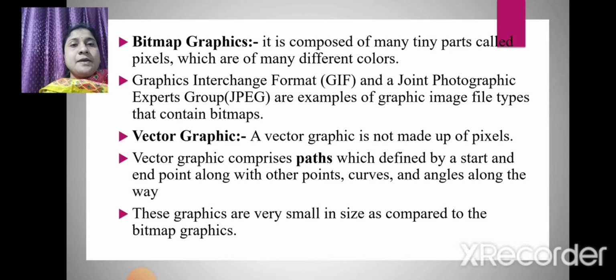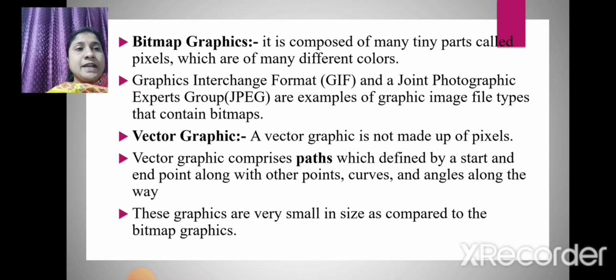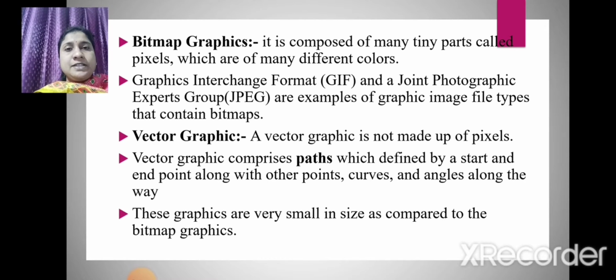The next is bitmap graphics. A bitmap is composed of many tiny parts called pixels. All of you know pixels, which we have already seen in Photoshop. A pixel is a square having a different color, so there are many different colors. When you enlarge, rotate or stretch these graphics, they become ragged and suffer loss in their resolution.